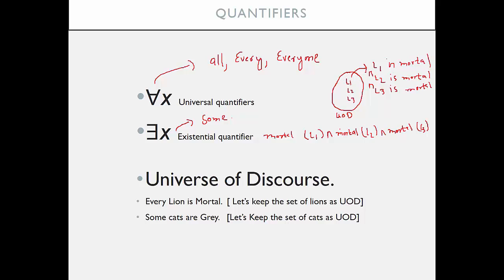Now, if we are having so many lines inside this universe of discourse, then it becomes very cumbersome and lengthy to write all those where we include this and operator. So it could be very large, and it becomes lengthy and time consuming.